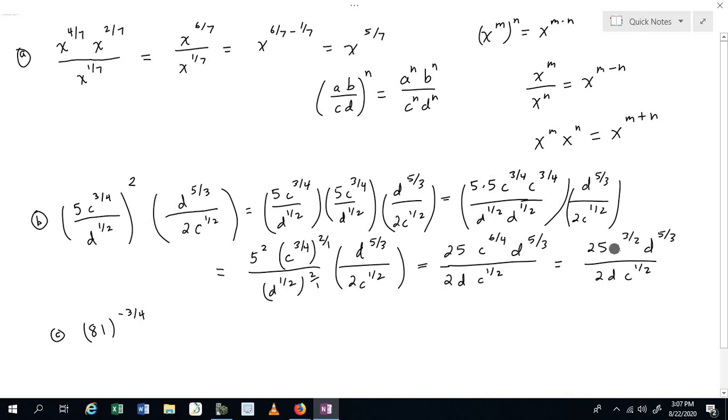So for this base here, they both have the same base, right? C. So it's the same as c to the 3/2 power minus 1/2, times 25. The d is to the 5/3 minus 1 on the bottom. But I'm going to write that 1, right?